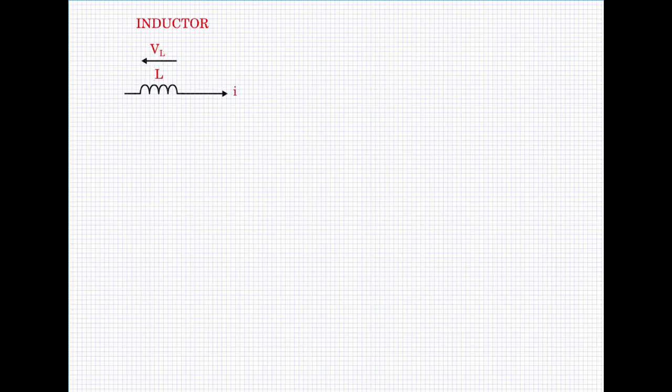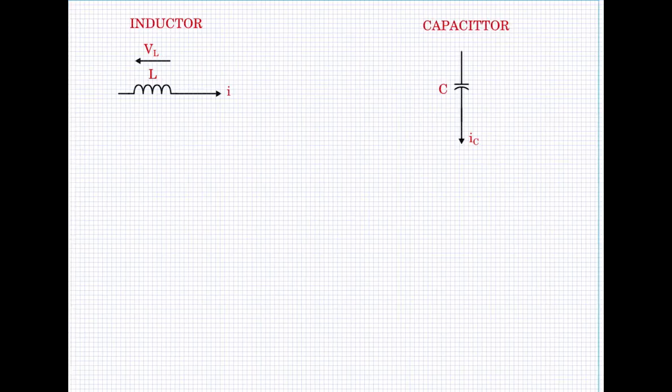Likewise, in the case of the capacitor, which is also a very important dynamic component that we will be using in DC-DC converters, you have to monitor the current through the capacitance.